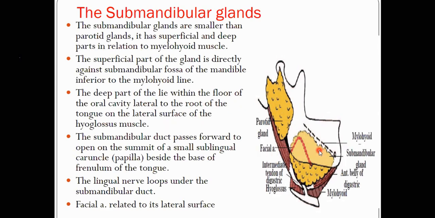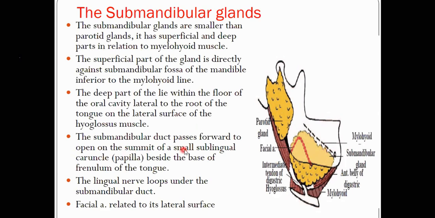So the superficial part is outside, and the deep part lies within the floor of the cavity. The submandibular duct, the only duct, opens into the floor below the tongue, lateral to the frenulum, which is the fold of the tongue attaching to the floor of the mouth.